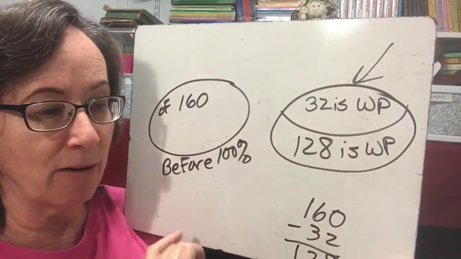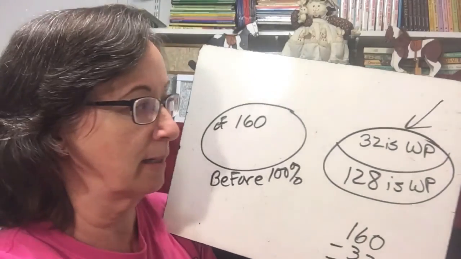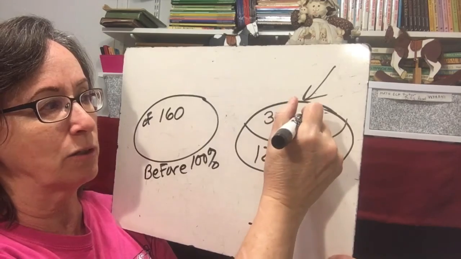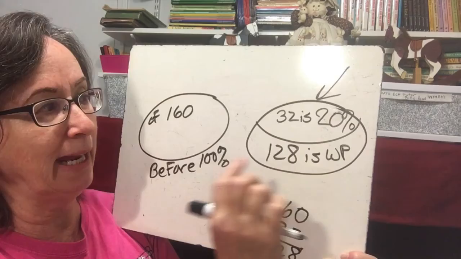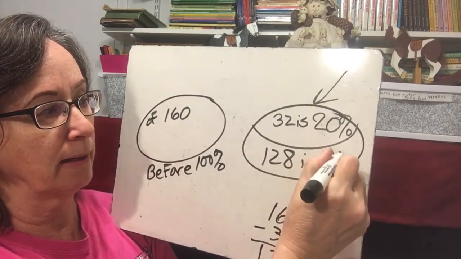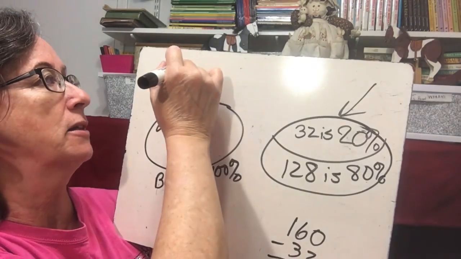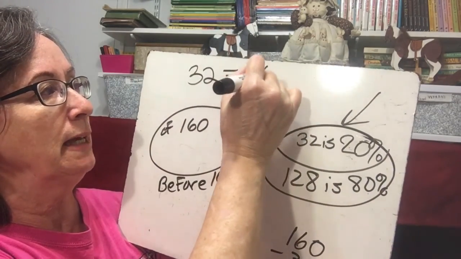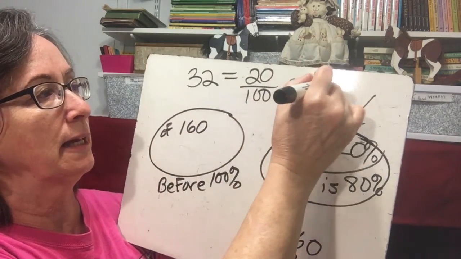And we found out in our last board that it was 20%. Okay, so we're going to say 32 is 20%, and 128, then, this would have to be 80%. Yeah, let's check our work. Is 32 20% of 160?